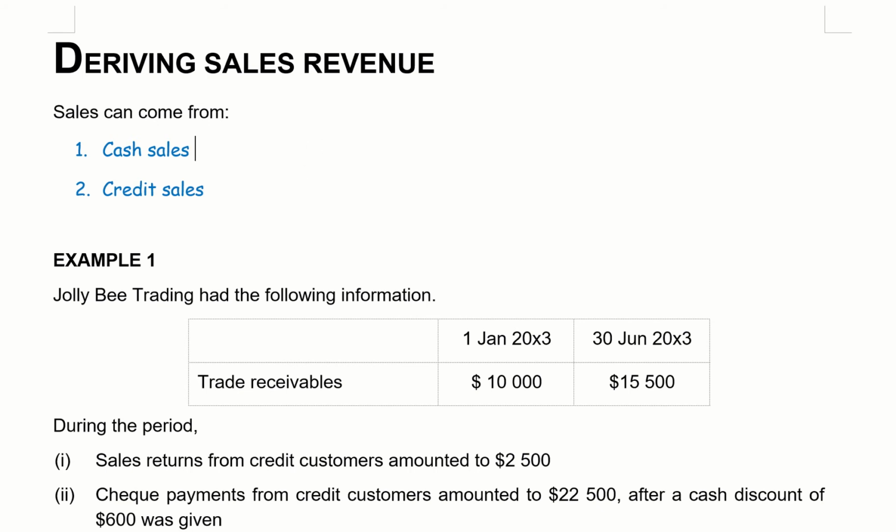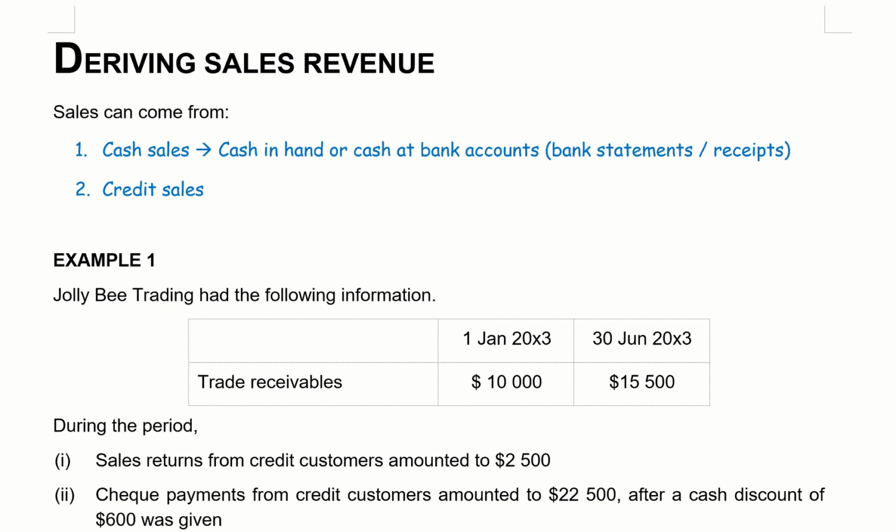For cash sales, it's not very difficult. Typically, what ledger do you look at? You look at your cash in hand or your cash at bank ledger, or your accounts line, in other words. Sometimes you also look at bank statements or you look at receipts. So cash sales is quite straightforward. Usually the number will be there.